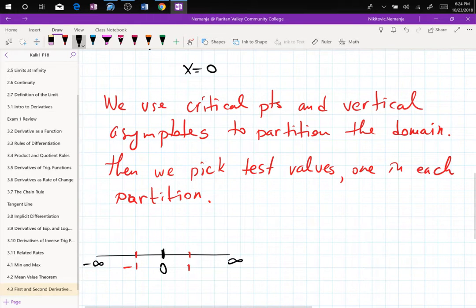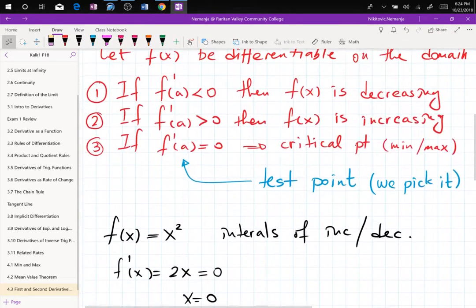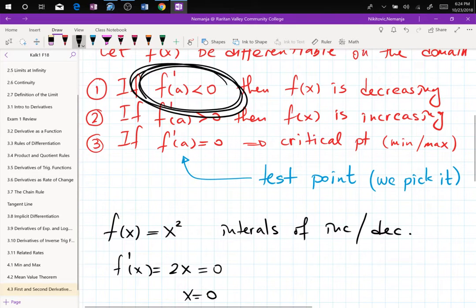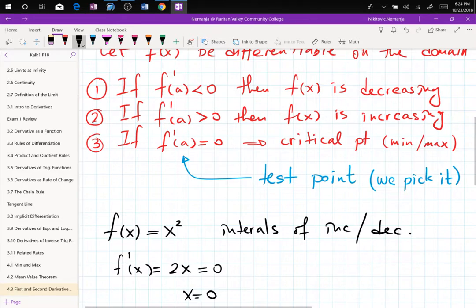So now this is the first derivative test. You will take your f prime and compute that at -1. That's 2 times -1, which is -2. When the derivative is less than 0, which means a negative number, the function is decreasing.